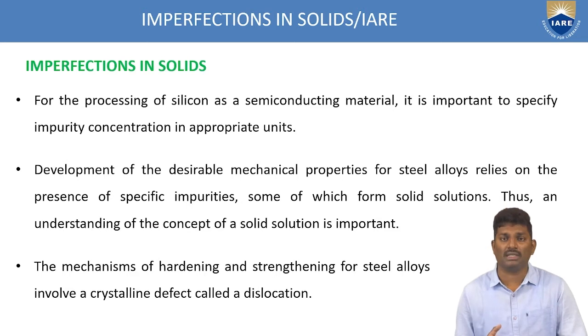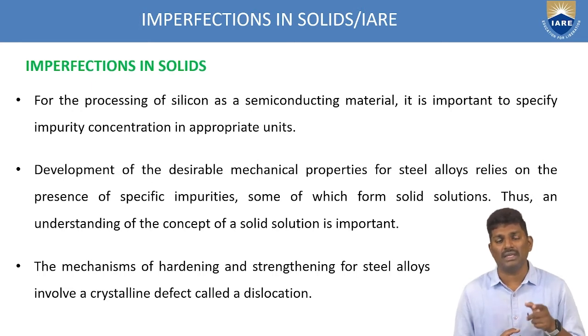Now, for the processing of silicon as a semiconducting material, it is important to specify the impurity concentration in appropriate units. So, in order to process silicon as a semiconducting material, we need to identify the exact impurity concentration. If you don't know the exact impurity concentration, then the silicon cannot be used as a semiconducting material.